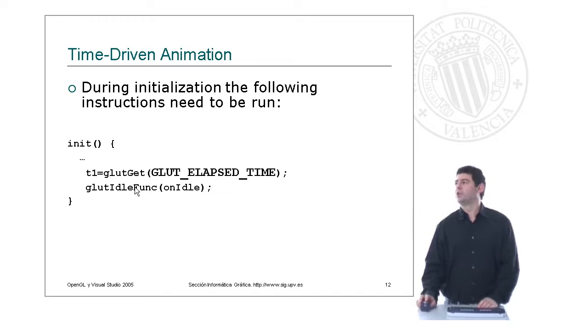What we do is we get the initial elapsed time and we configure the glutIdleFunc callback. With this initialization and the previous code, we can do time-driven animation, and that way we can make sure that the objects move at the same speed regardless of the computer where we are running our animation code.